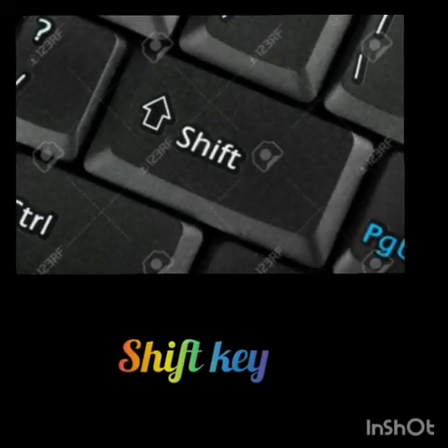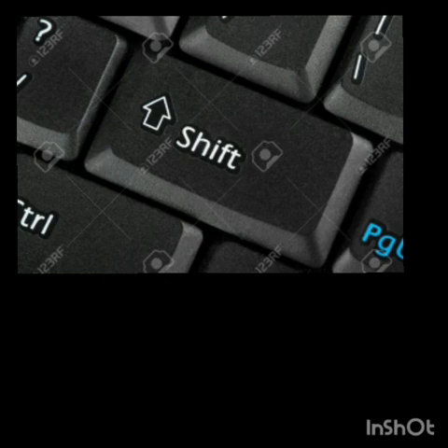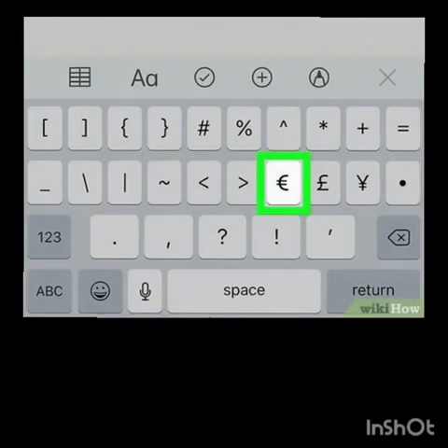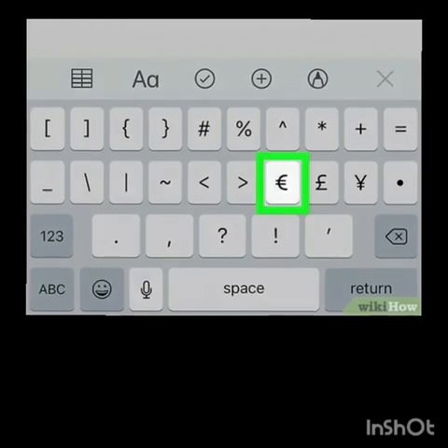Seventh, shift key. This is a shift key. The shift key has two functions. Shift key is used to type special symbols written on the upper side of the number keys and some other keys.